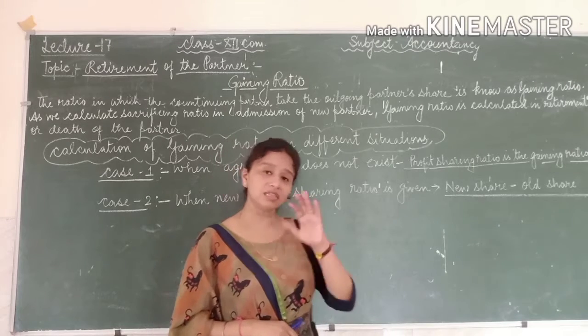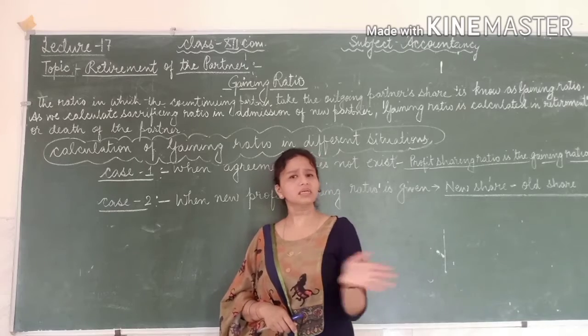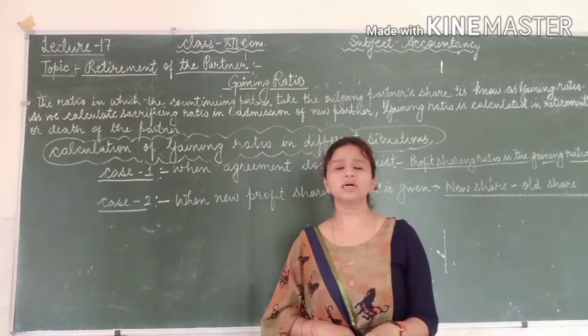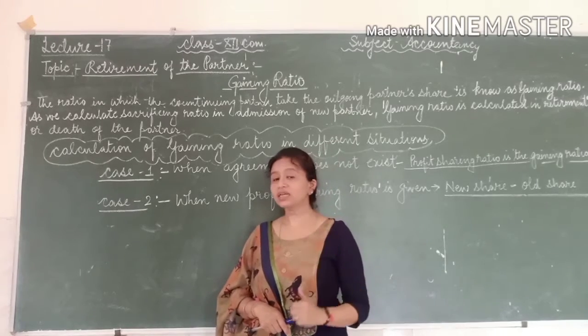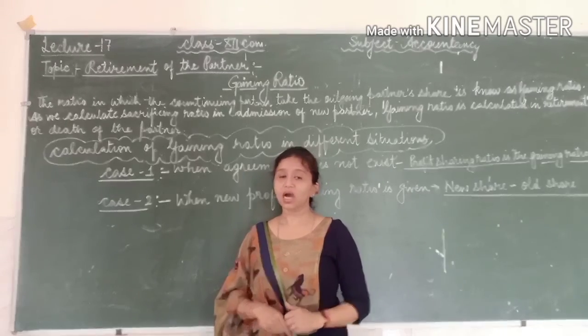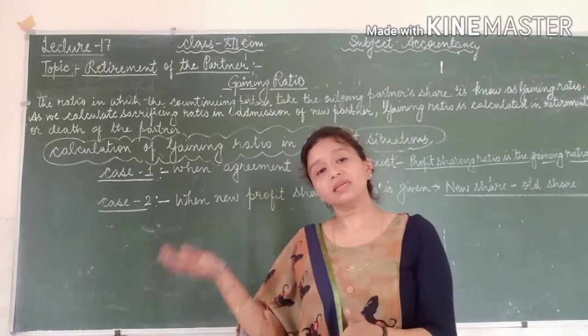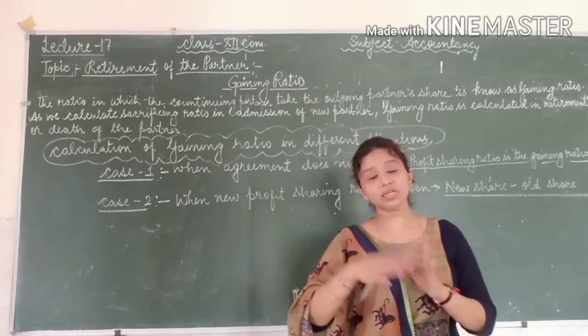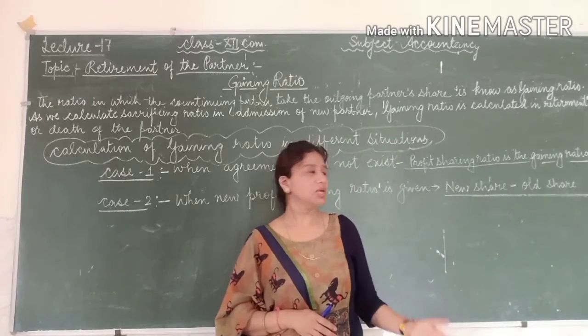Suppose A, B and C are three partners and C retires, and nothing is given about what the new ratio should be. How can you know the gain of A and B when C leaves?